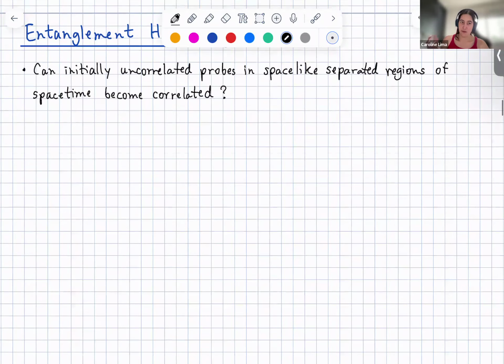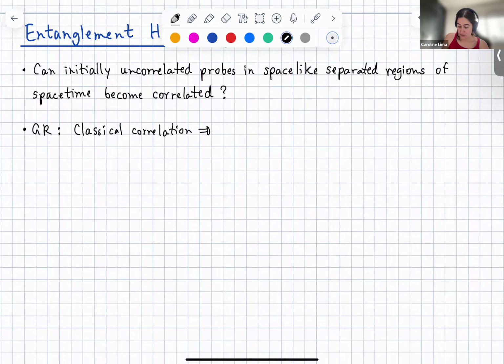Well, if we think about GR, classical correlations can come from some direct or indirect causal interaction.